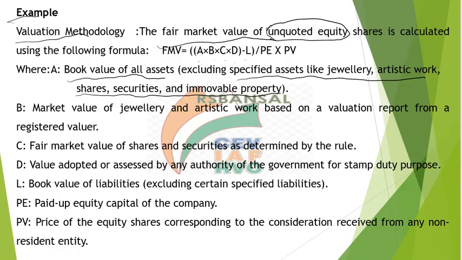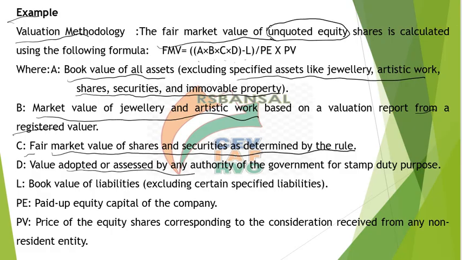Then B is the market value of jewelry and artistic work, based upon the valuation report from a registered valuer. C is the fair market value of shares and securities as determined by the rule. And D is the value adopted or assessed by any authority of the government for stamp duty purposes.